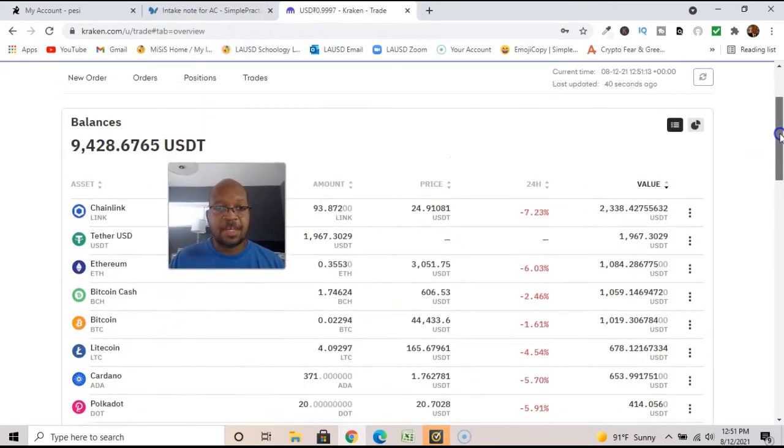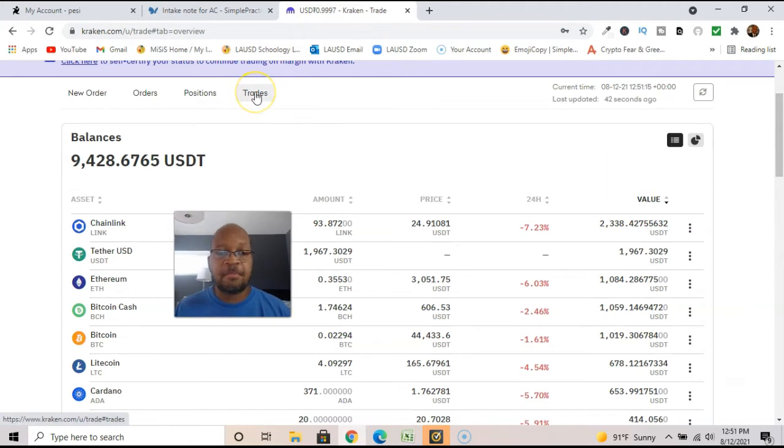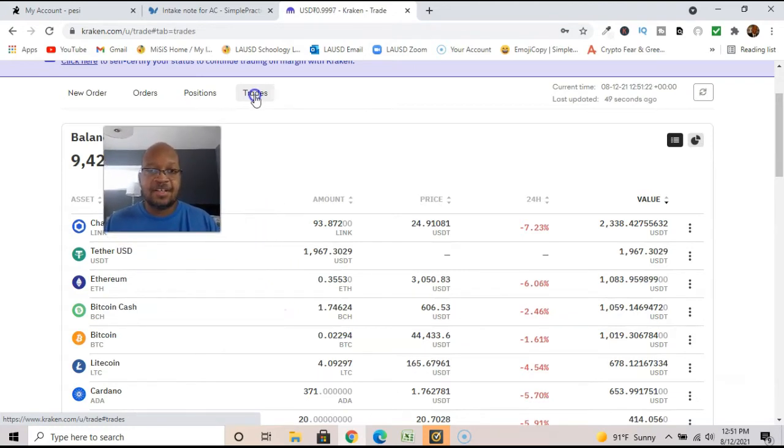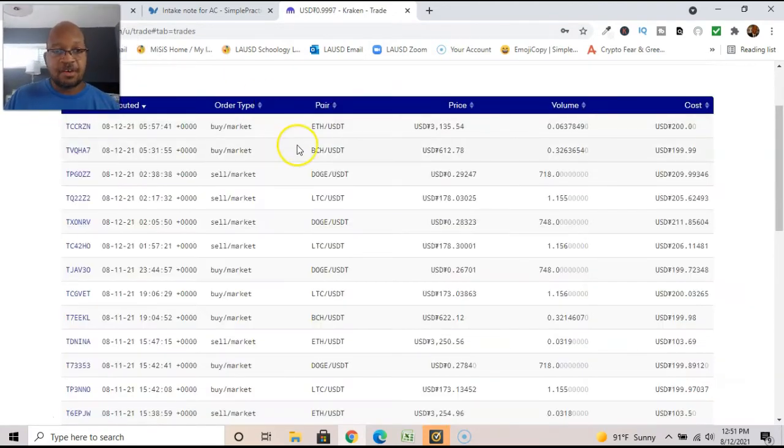Now I want to jump into your trade page. This is the other important part of Kraken that I use personally to help me gauge what's going on with my assets. It tells you when the trade was executed, whether it was a buy or sell order, what you bought, how much of the volume you own, and how much money you have invested in that coin.